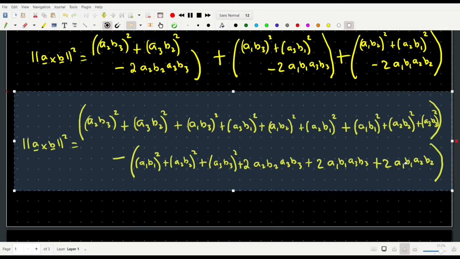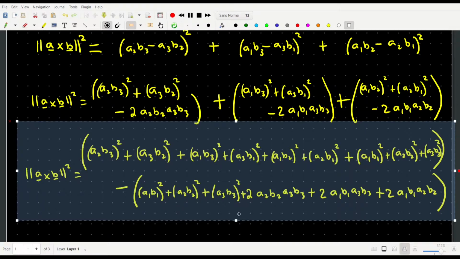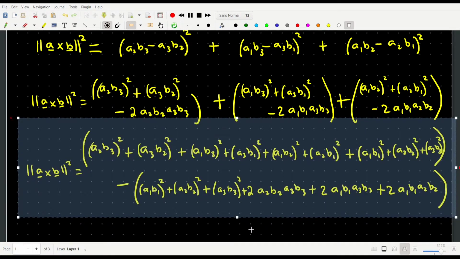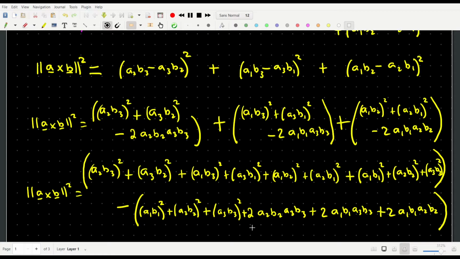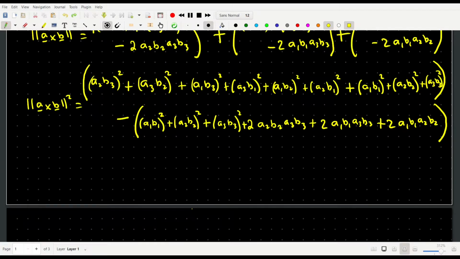Then I'm going to need a little bit more room right here. So take a second and look at this and make sure that it makes sense to you. I haven't changed what's on this line going to this line. I've only added in 3 terms and subtracted 3 terms, which is the same thing as adding 0 to this expression.